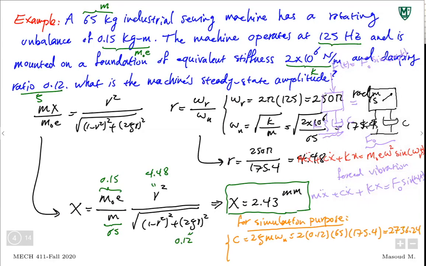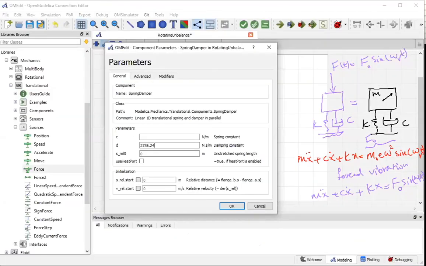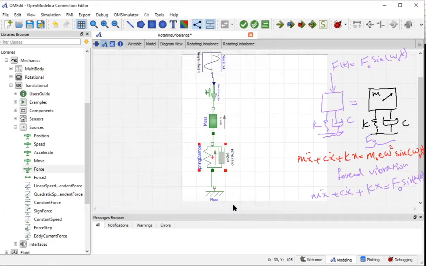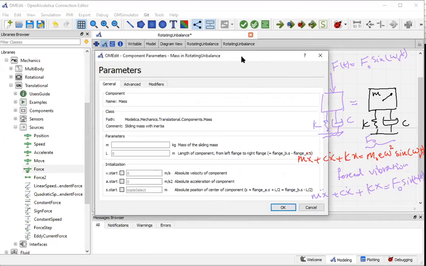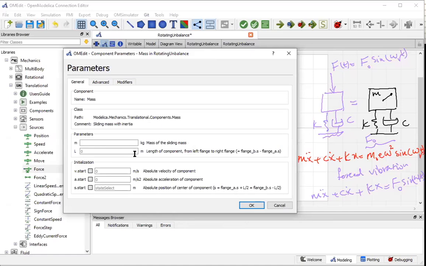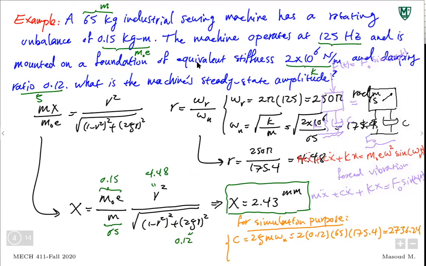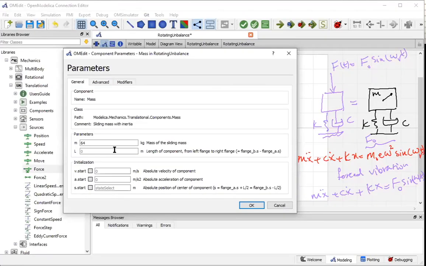Stiffness, well, I have it already. It's given, 2 times 10 to the 6, so 2E6. I can leave the rest empty. We're going to get some warnings, but it doesn't affect the way we do the model. The mass for the system was 64 kilograms, so I'll just put 64 kilograms there.